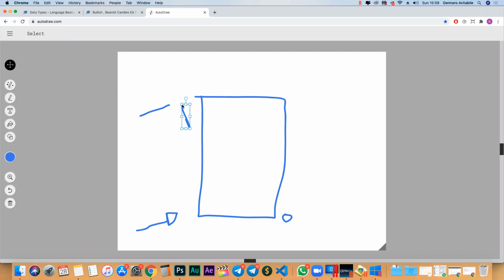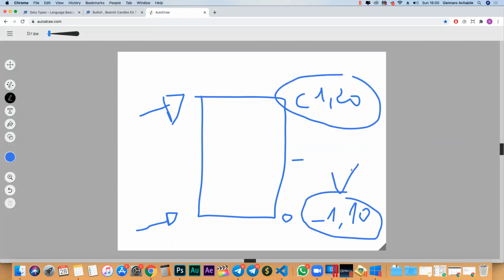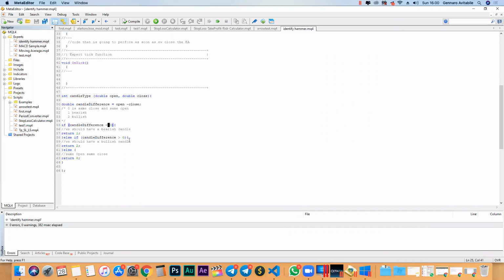If we have a bearish candle, the open is going to be that number here, and the close is going to be that number here. If you do this number minus this number, we're going to have a negative number. So that was the wrong way around.